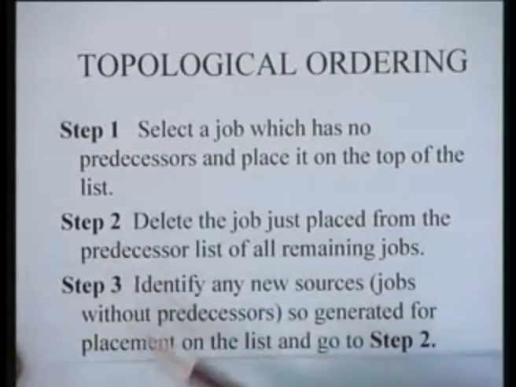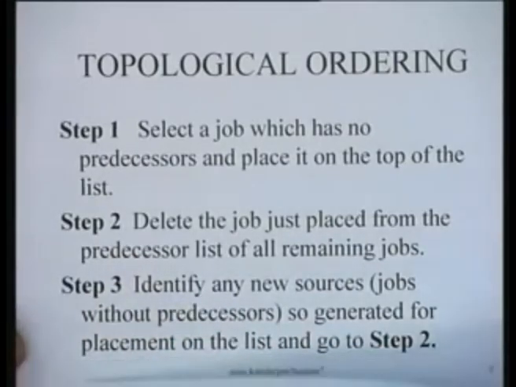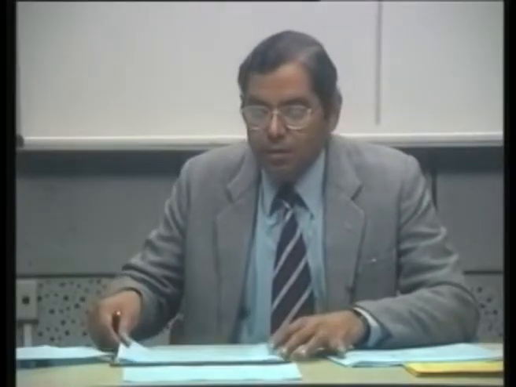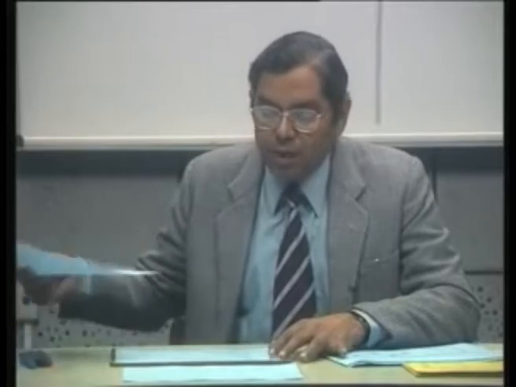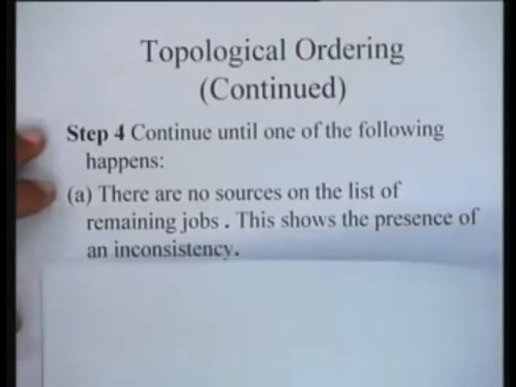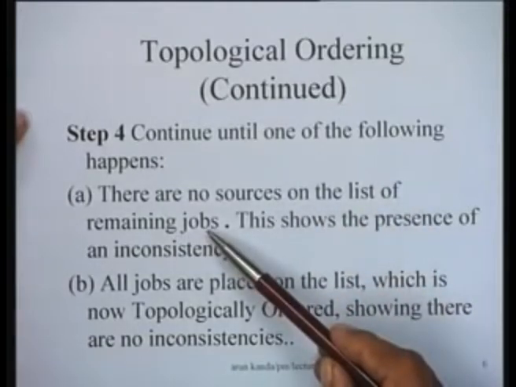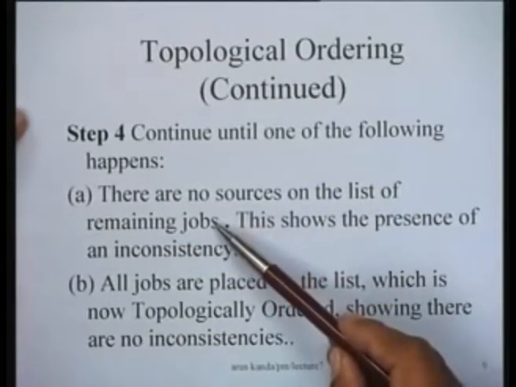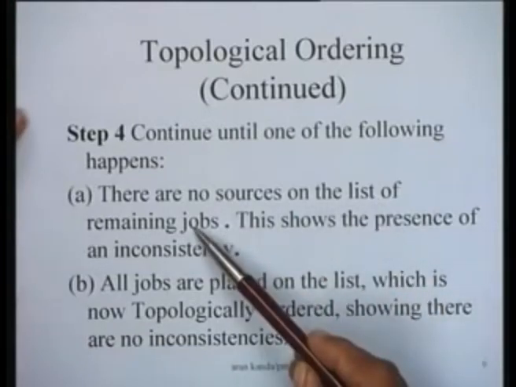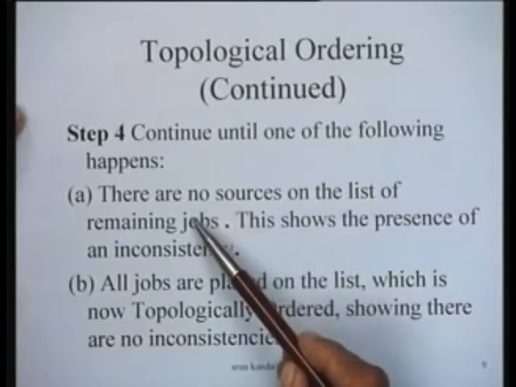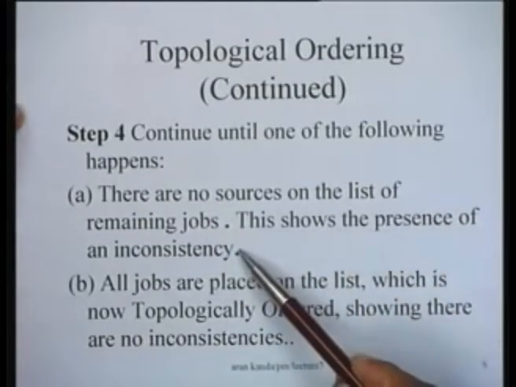So, you keep on applying these steps in an iterative fashion till one of the two things happens. You continue till either A, there are no sources on the list of the remaining jobs. If there are no sources, but the list is not yet empty, there is a list of remaining jobs, but there are no sources, this shows the presence of an inconsistency.